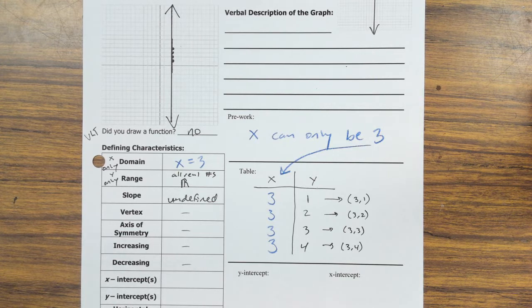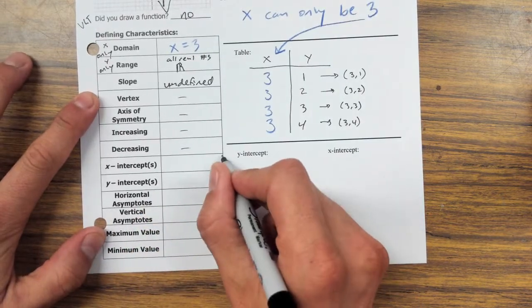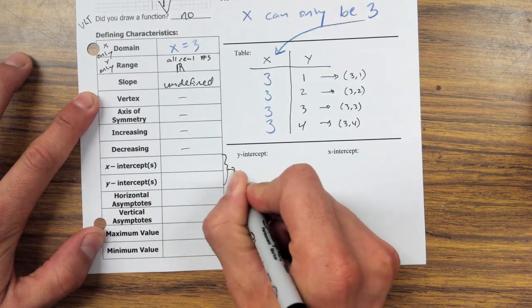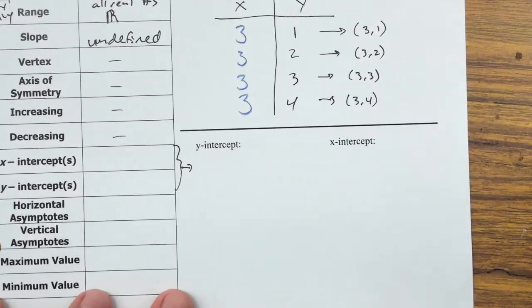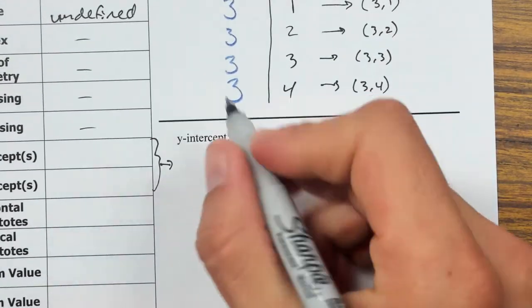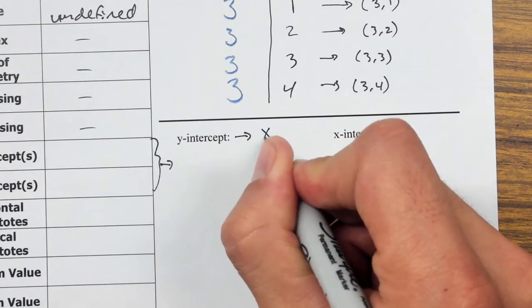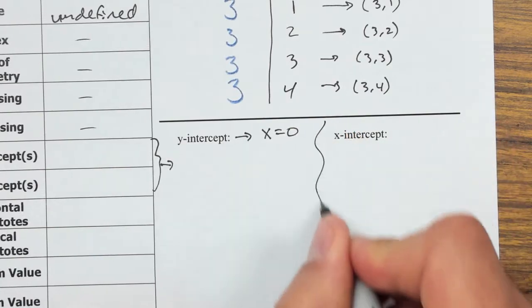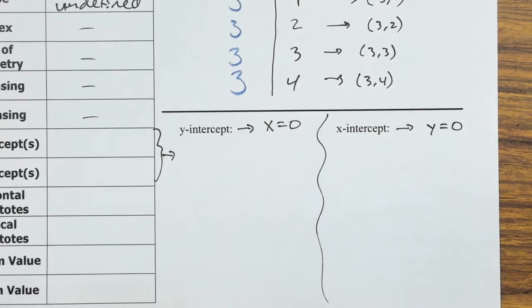Does it have an x-intercept? All right, so for the x-intercept and y-intercept, we have to do a little bit of work. Now, here's what you need to know about these. For the x-intercept, y always equals 0, and for the y-intercept, x always equals 0.